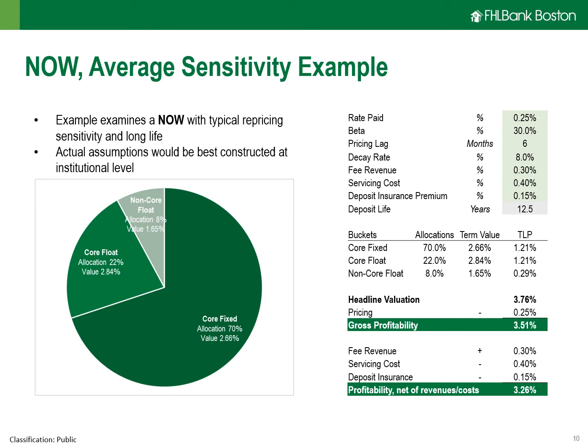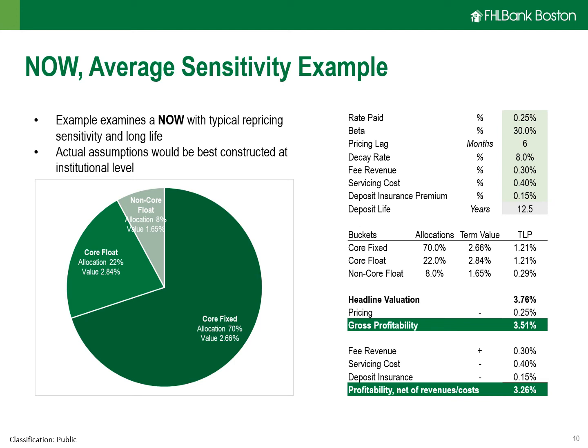And then we know the term associated with each one of those things. The core fixed has a very long life, and that's this deposit life number of 12.5. And so we look to the swap curve to figure out what's a 12.5-year swap worth, and it's worth 266 in this example. The core float piece is basically the pricing lag. And so what would be a 6-month rate?